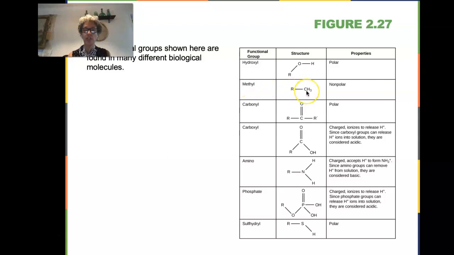Methyl, CH3, we saw that with methane, that is nonpolar. All of the carbon is completely coated in hydrogens. Carbonyl: we have the rest of the molecule on either side, and there is a carbon with a double bond to an oxygen, and that is always going to be polar.